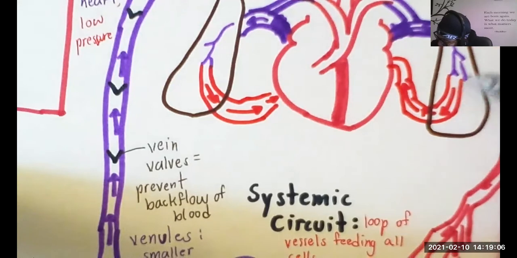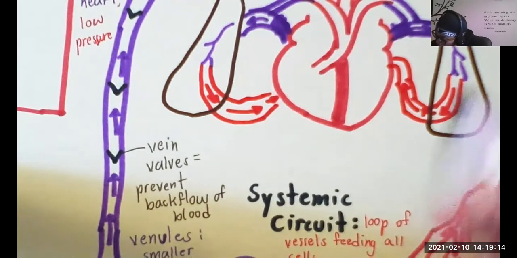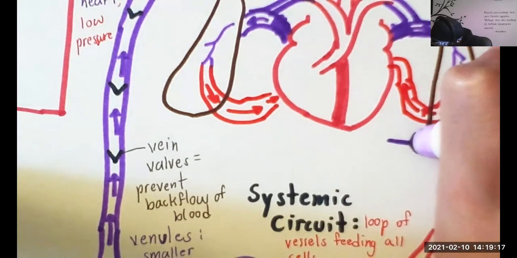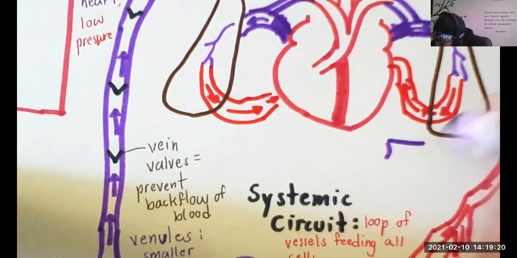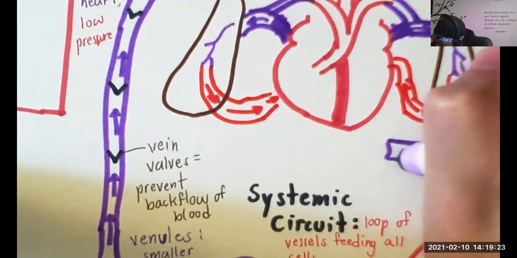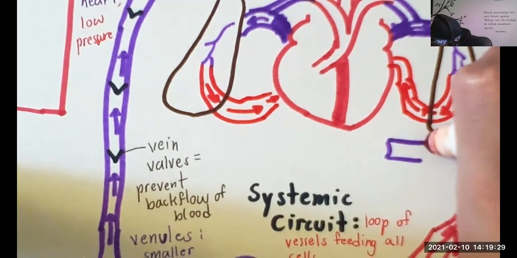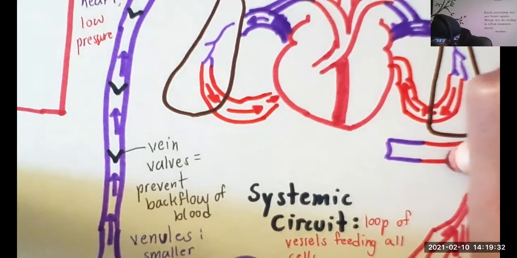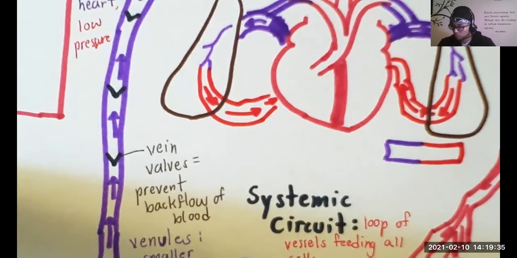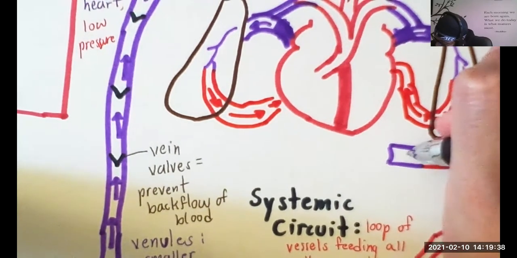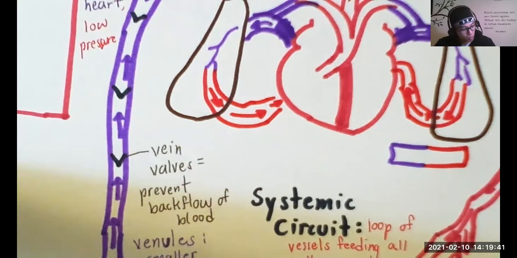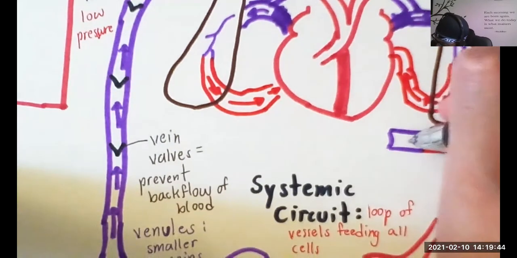So let me draw that for you. It might make a bit more sense. Here's your pipe. I'm going to draw half of it in purple and the other half of it in red. Let me be very precise here.